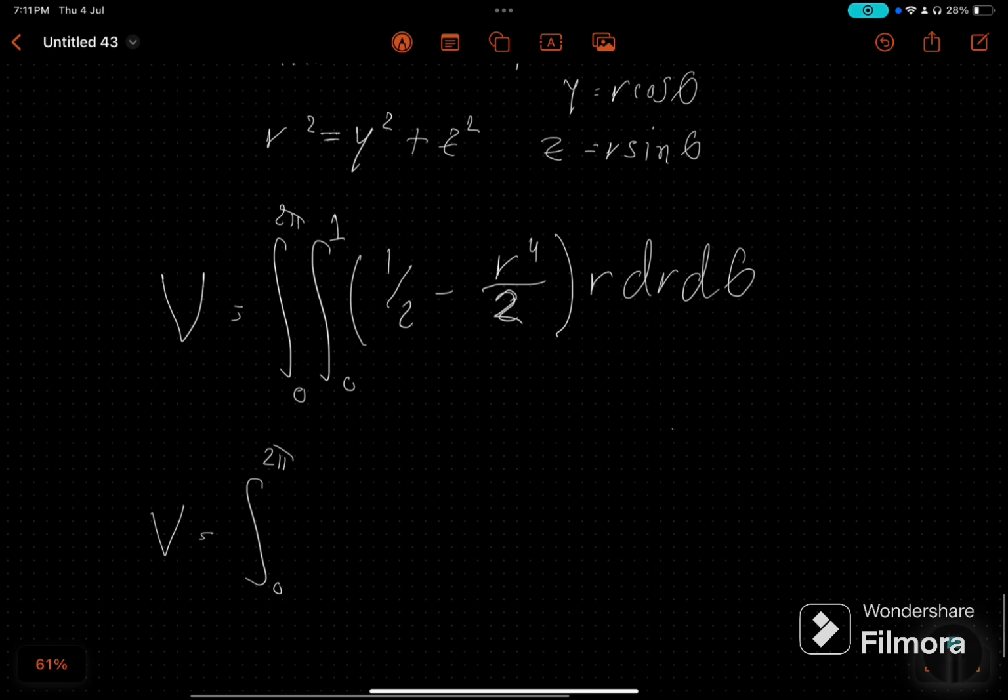integral here now is basically just r to the 5 and r over 2.